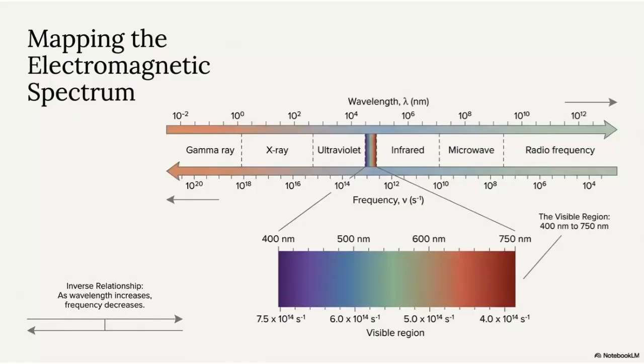So we have a spectrum of wavelengths and frequencies where we have our gamma rays, our X-rays, ultraviolet light, infrared light, microwaves, and so on. The higher the frequency, the more dangerous those rays are.